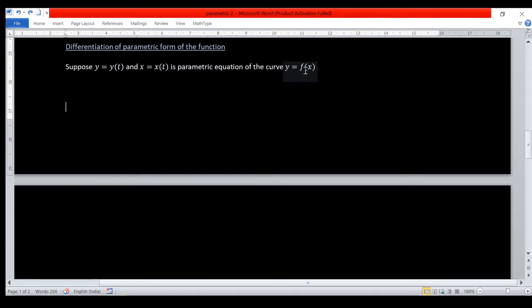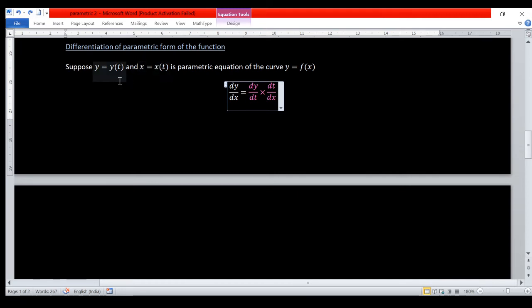So how to find dy by dx? See, y does not directly depend on x, correct? If y directly depends on x, like y is equal to f of x, you can find dy by dx. But y actually does not depend on x directly. So y depends on t, and t depends on x, or x depends on t.